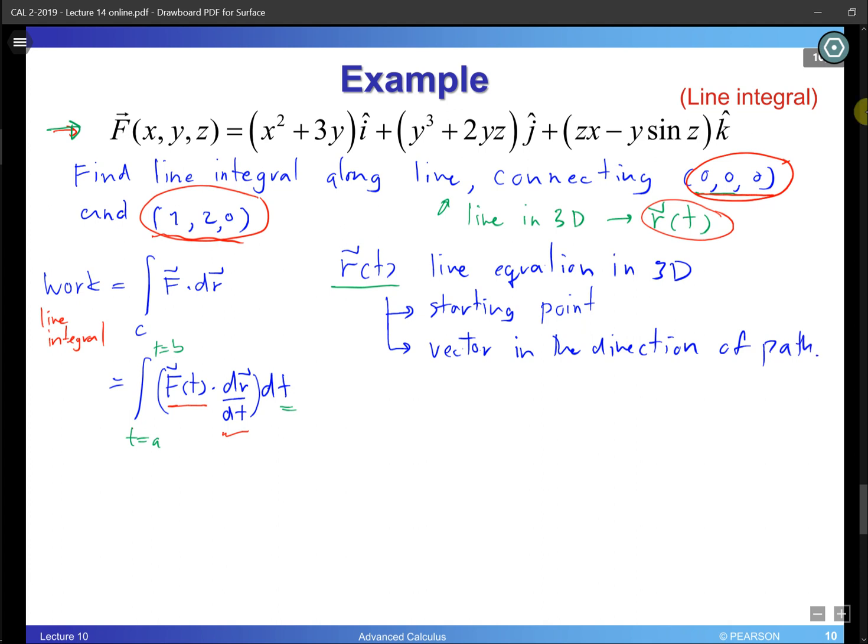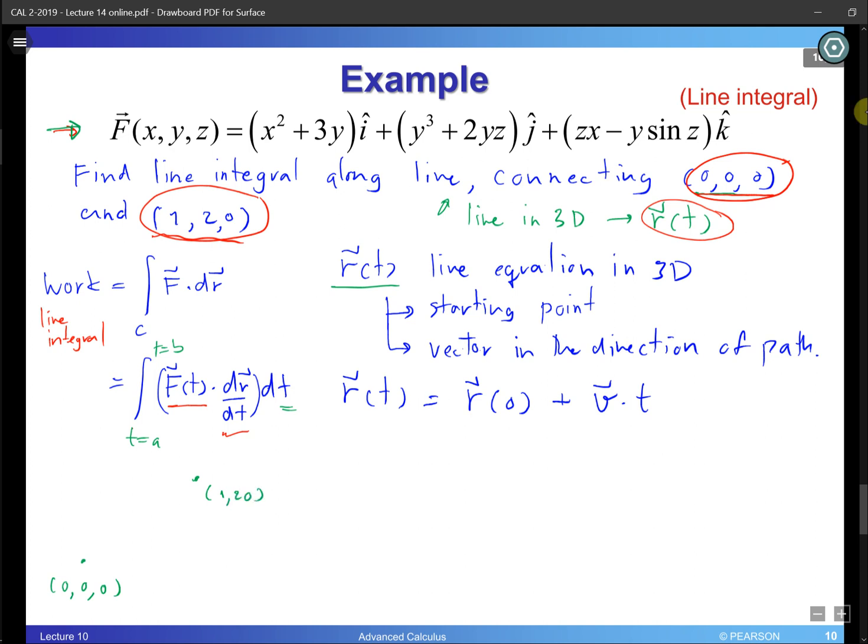Right, so this r of t is going to be equal to the starting point, let's say r at time equal to 0, plus the vector that we are looking for in the direction that we want to move it to, times the time.